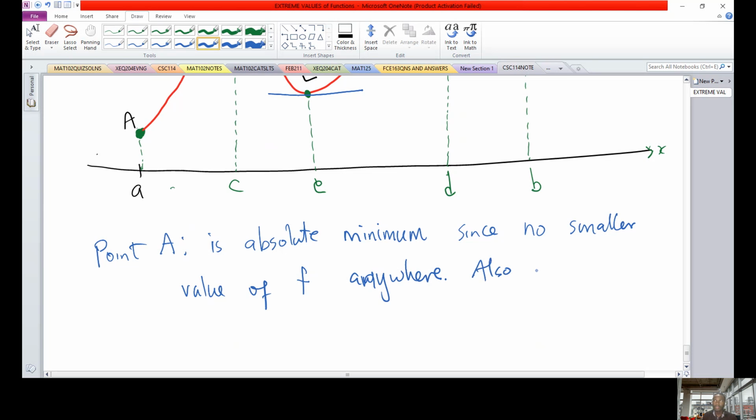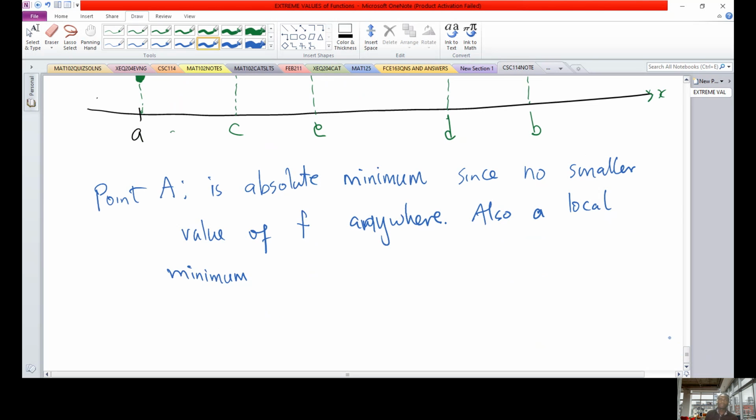It is also a local minimum. So remember, absolute minimum means a local minimum, but not the other way around.